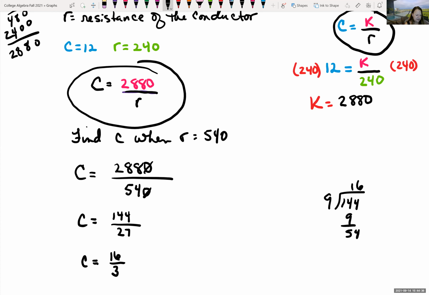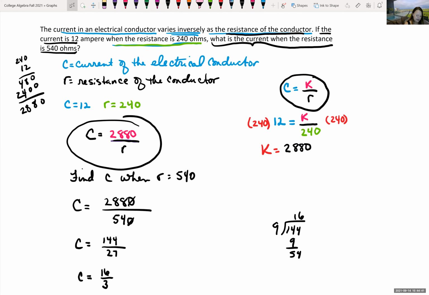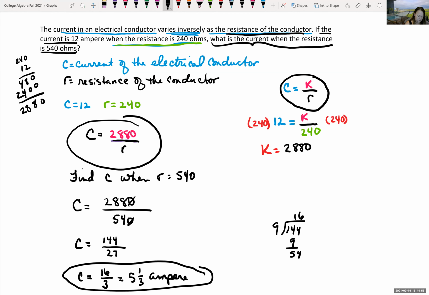And so our current is C is equal to 16 thirds or 5 1/3, and we're in terms of amps. So at first they can look kind of tricky and hard, but if you just break it down like we were doing, it's actually not too bad.